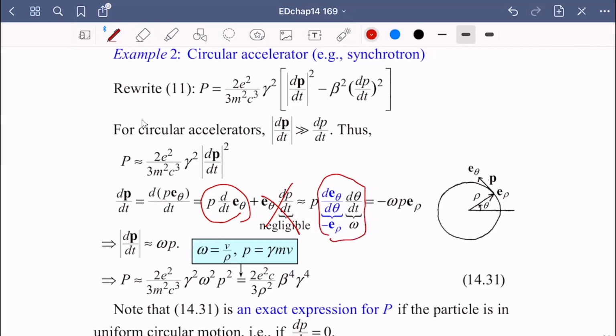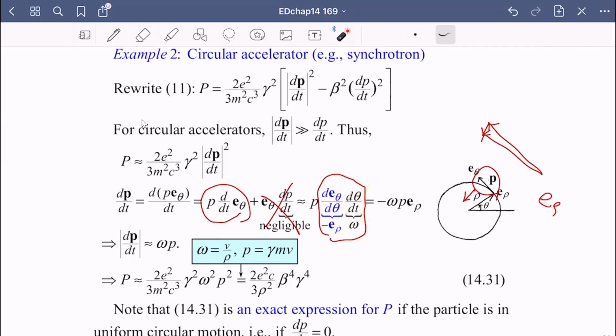But remember, the change in E theta, you can rewrite into this form. The theta, the theta. Just enlarge this one and this one. So it will become minus E rho, so it's a force toward this one, acceleration. The dtheta dt, that is omega, the angular frequency.